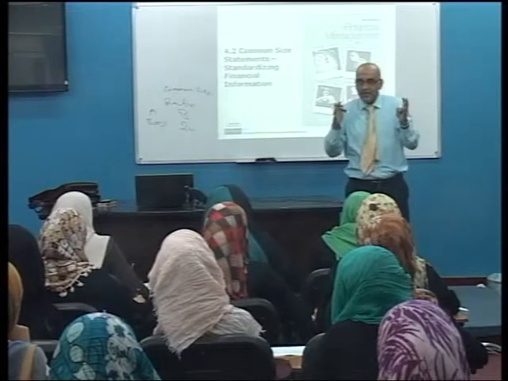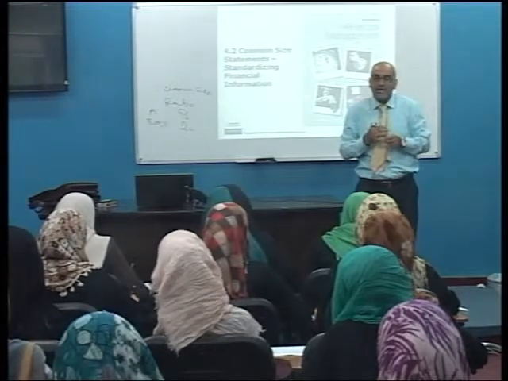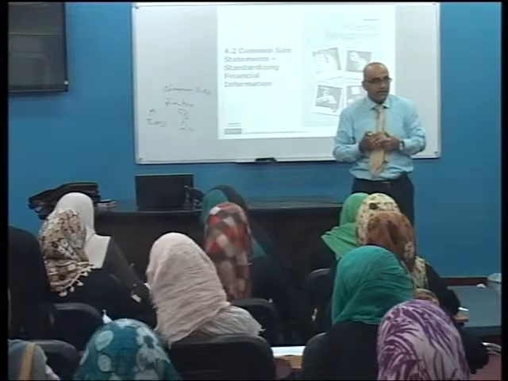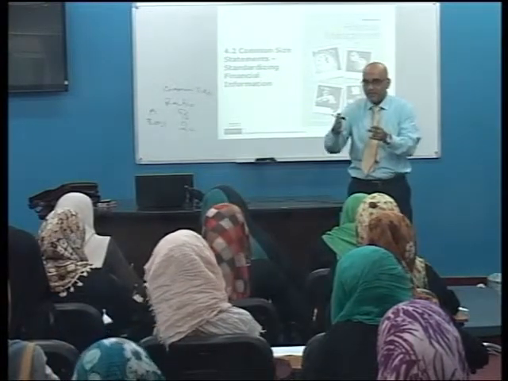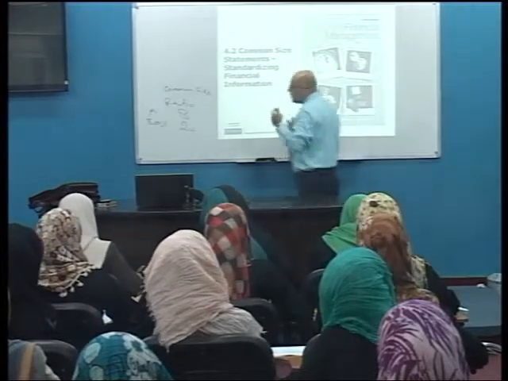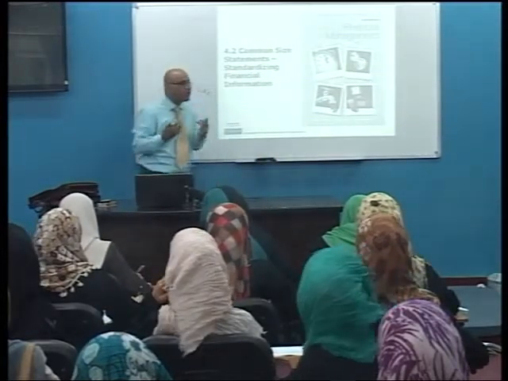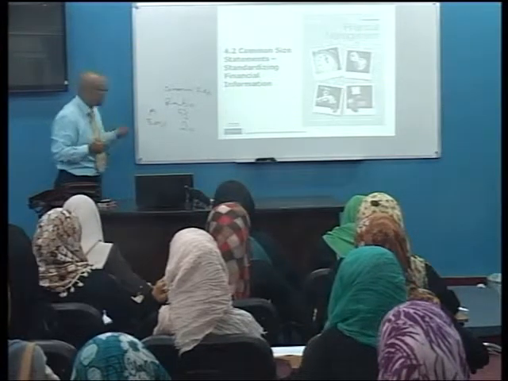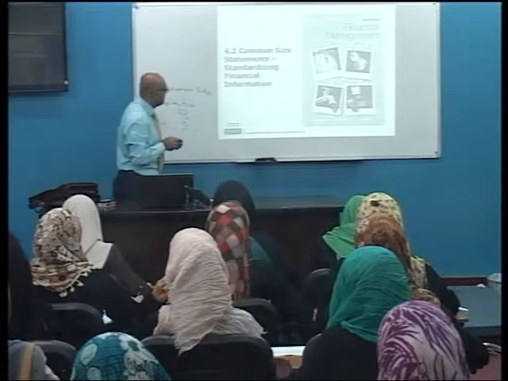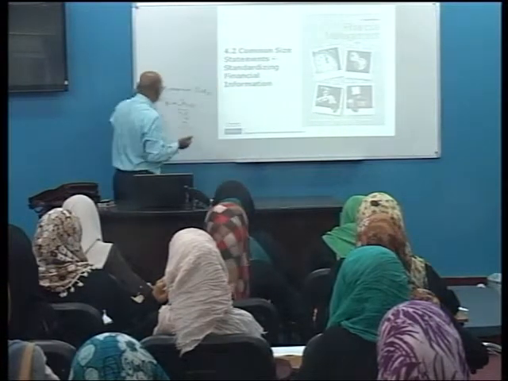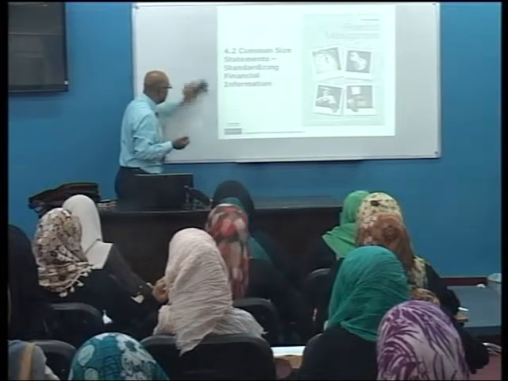Common size is like we account for the size of the business. So we account for it, يعني بنحيد دور الsize. We compare between two businesses, and it doesn't matter what the size of the business is by doing the common size analysis. And this type of analysis is very simple.